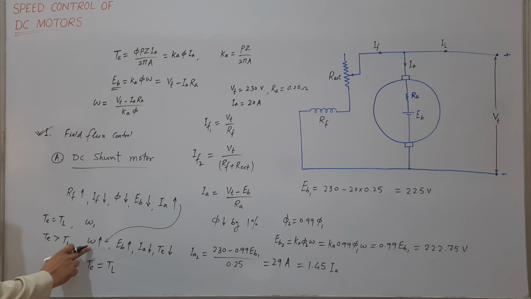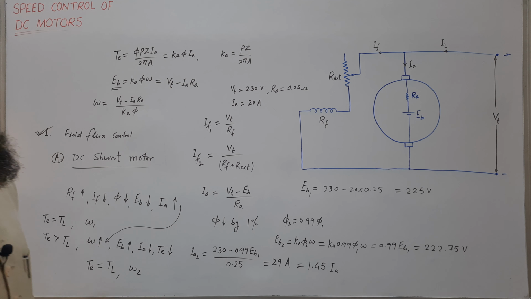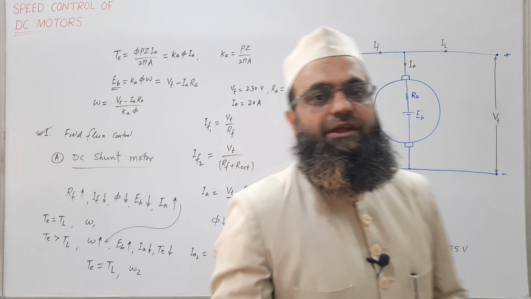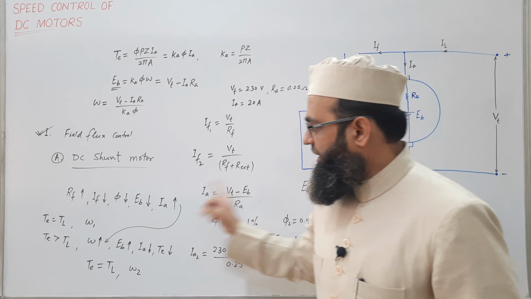During this, omega has continuously increased, so it will settle down at a speed higher than the previous speed, higher than omega 1.